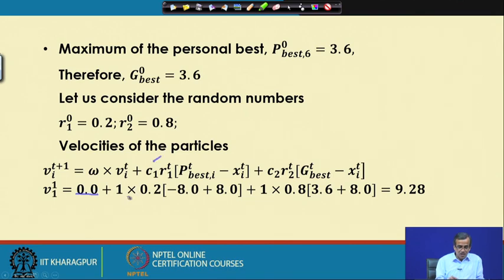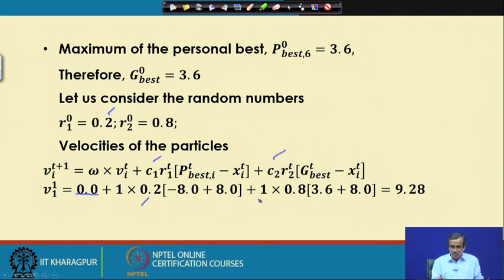Now, C1 was 1, R1 is 0.2, then p_best_i corresponding to location 1, if you remember. What was your p_best_1 corresponding to 0? That was minus 8.0. So, minus 8.0 minus x_i^t, once again x_1^0 was minus 8.0. So, minus of minus, this will become plus.